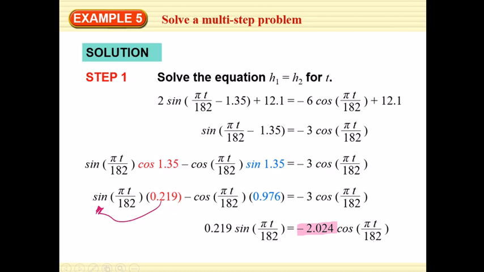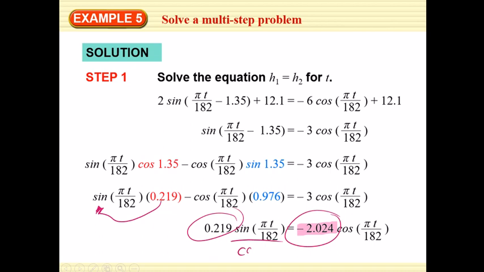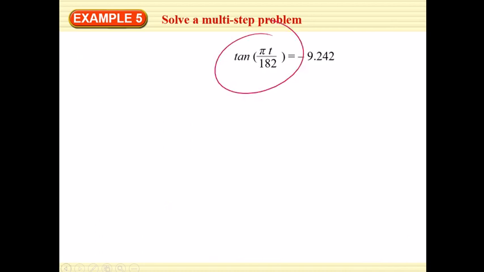Alright, and so then I have a couple of trains of thought. I would like to move this number to one side or the other, and then the sines and cosines onto one side. So what they do is they divide each side by cosine of pi t over 182, so that they get sine divided by cosine, and the reason why they do that is because sine over cosine equals tangent.